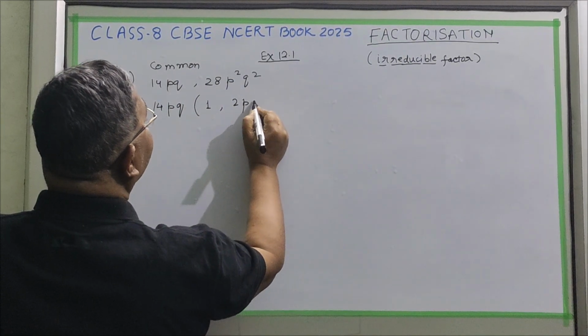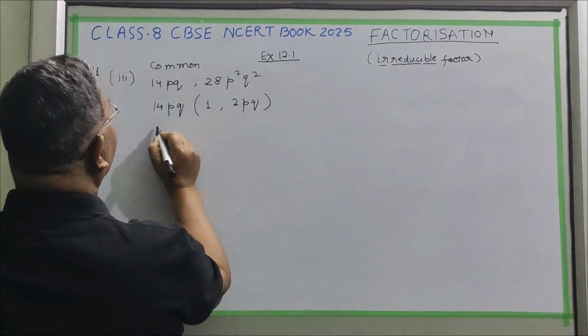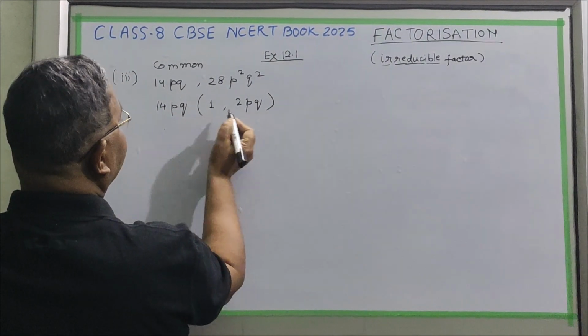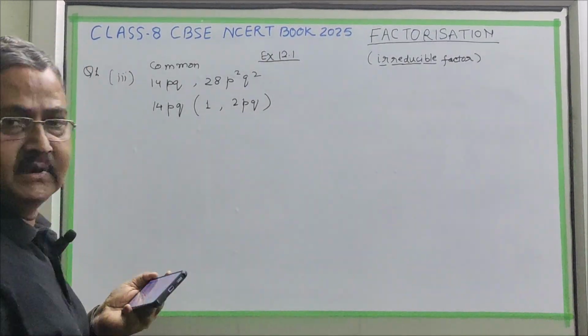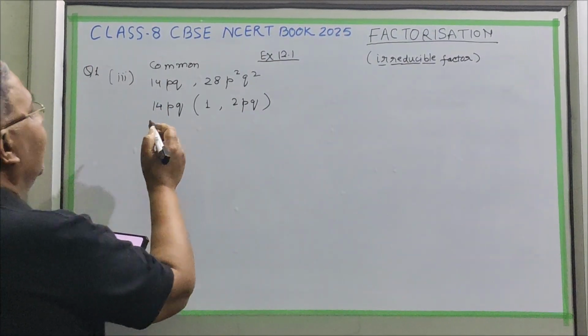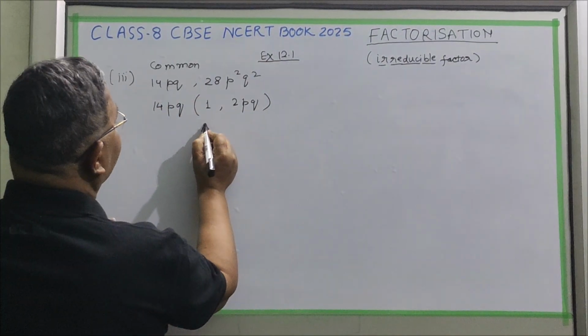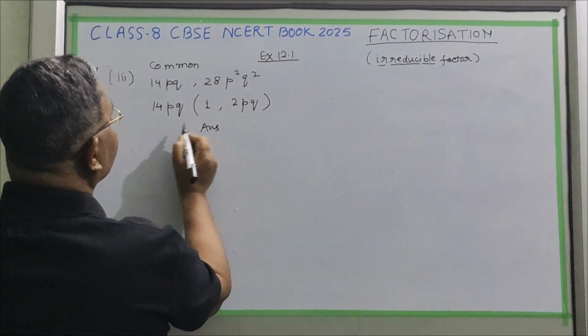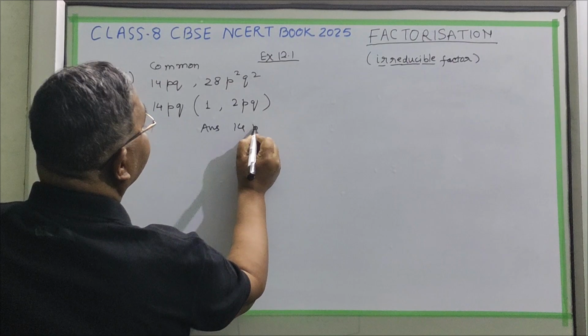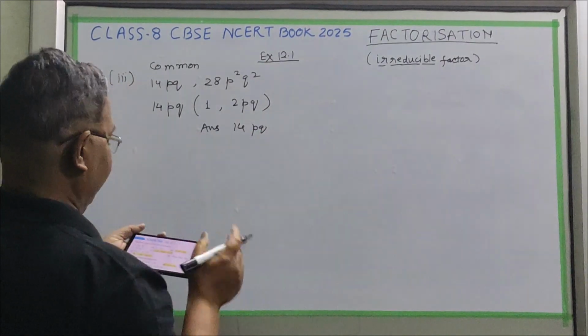Or you can write 14PQ and the remaining. But since they are asking for the common factor, your answer will be 14PQ.